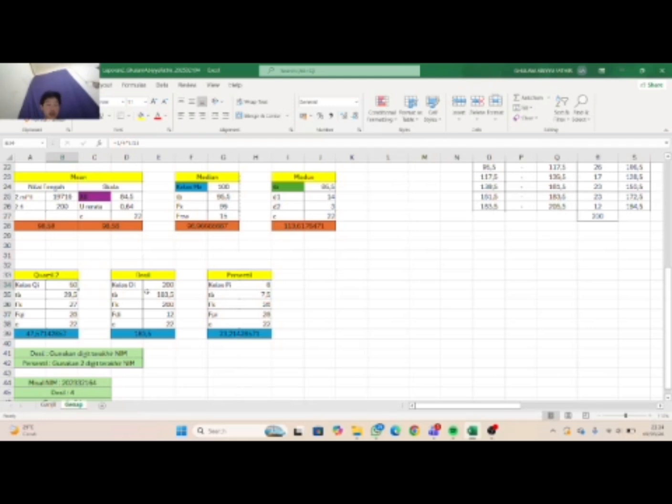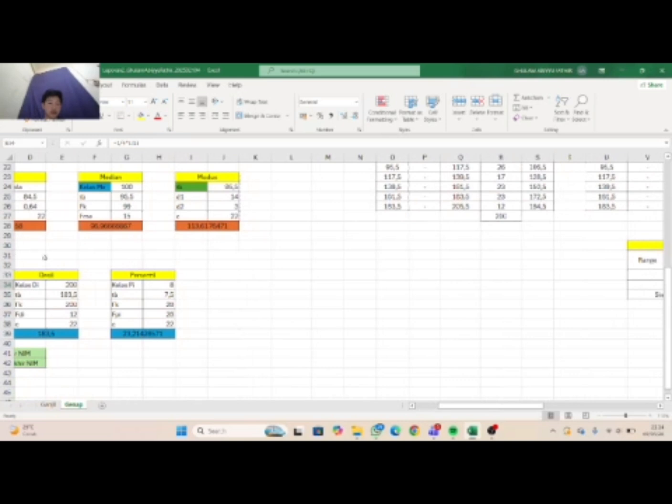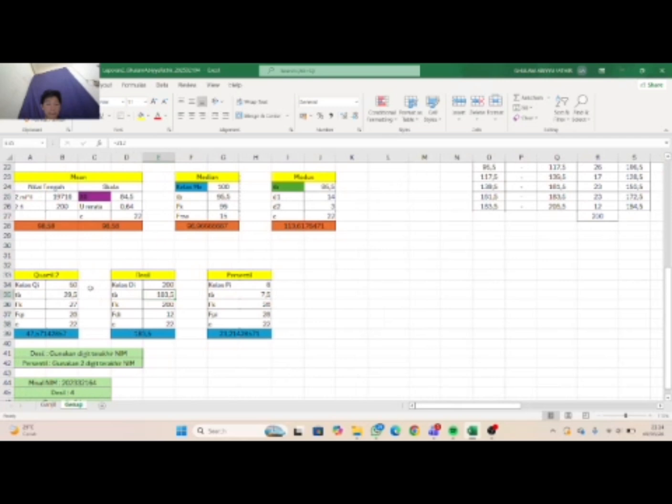And next, I calculate the decile. In my case, because the last number of my student ID is 04, the deciles are used in this calculation. Deciles are used to divide the data into 10 equal parts.